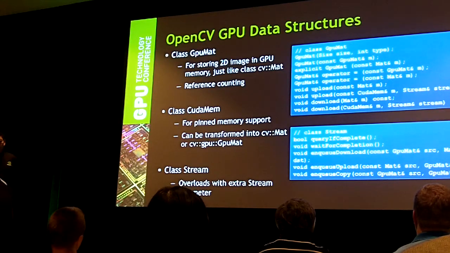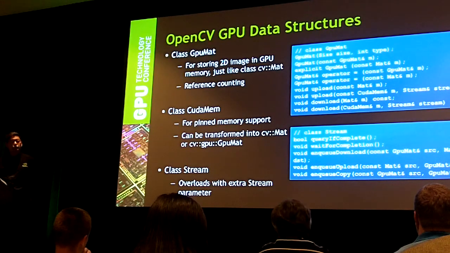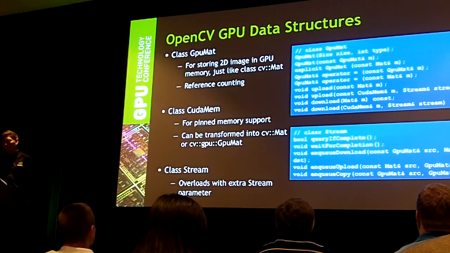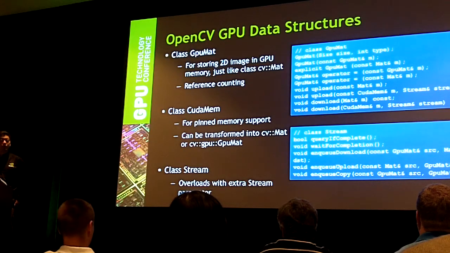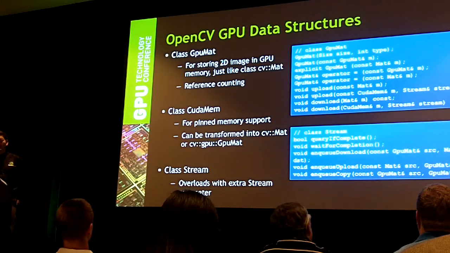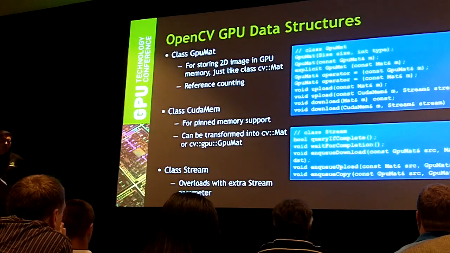We also added a class to handle streams for OpenCV. Streams are a way to describe an order of operations on the GPU. With streams, you can define the data dependencies, which allows you to specify how to overlap your data transfers with your compute.